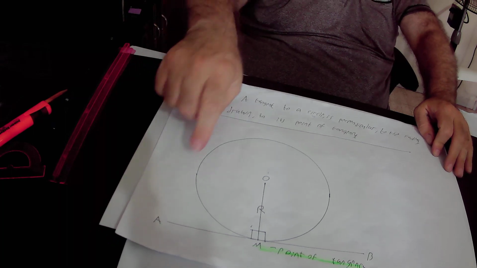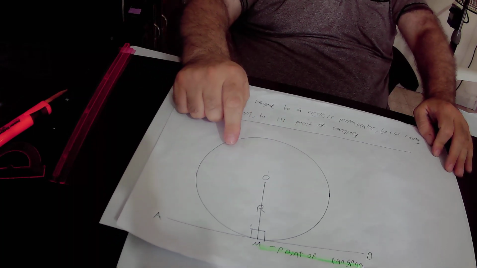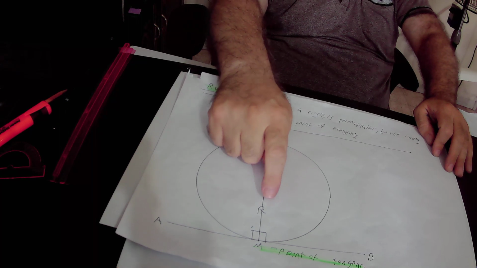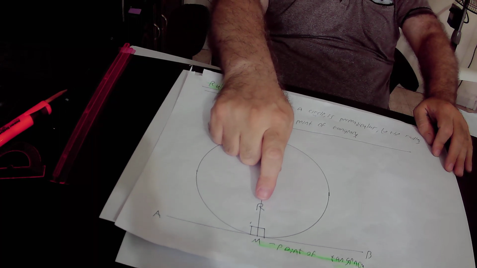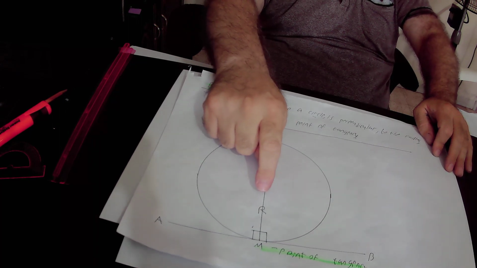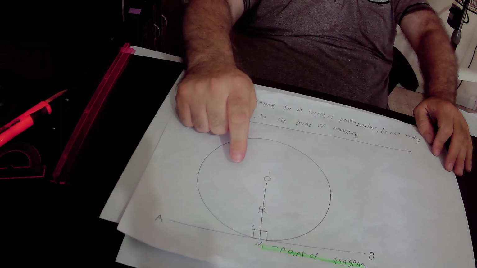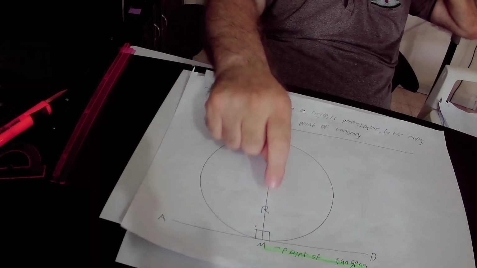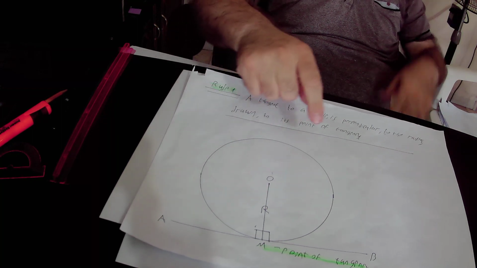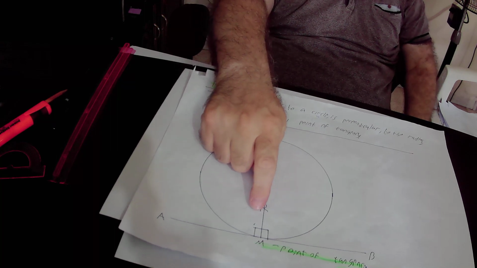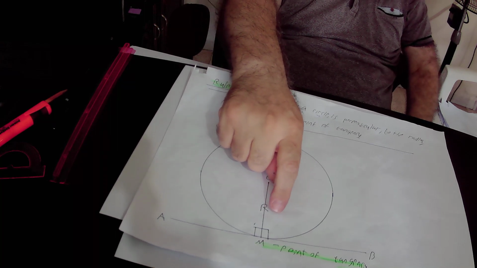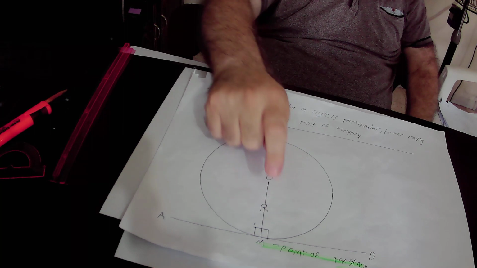So we have here tangent AB to this circle at point M. Point M is the point of tangency, and we have the radius OM drawn to the point of tangency. Therefore, according to rule number 1, this angle will be equal to 90 degrees, and this angle will also be equal to 90 degrees.